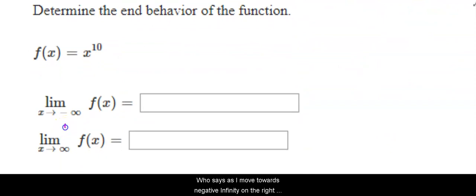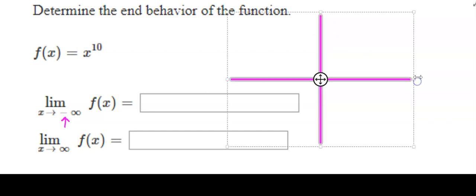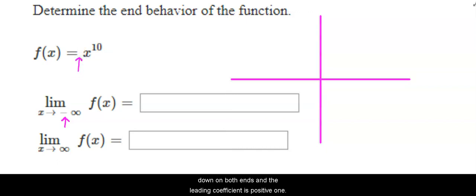This says, as I move towards negative infinity on the left, which means basically, if you're looking at the graph, as x is moving this way, which way is the y value going? Since this is x to the 10th, I know it has to be up on both ends or down on both ends, and the leading coefficient is positive 1.